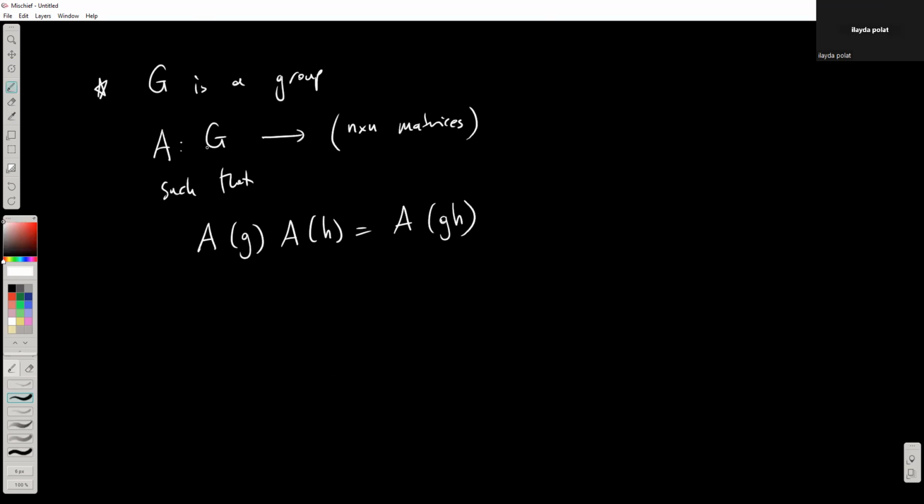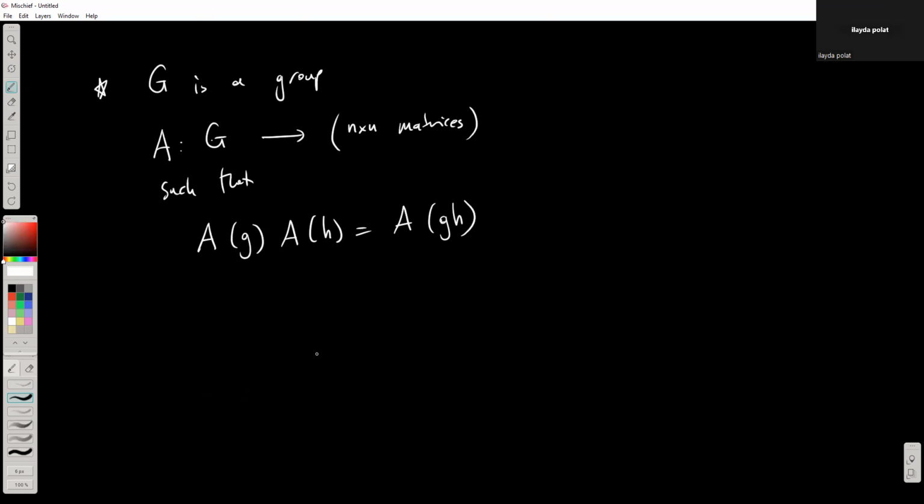So for every group element, we associate a matrix to that group element in such a way that if group elements are represented by these matrices, then the product of two group elements is represented by the product of the corresponding matrices.